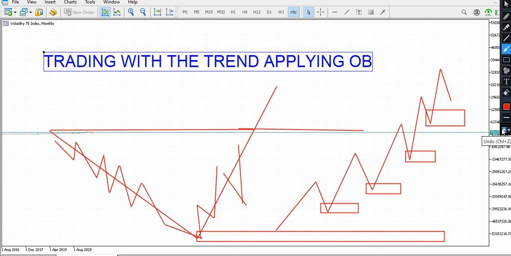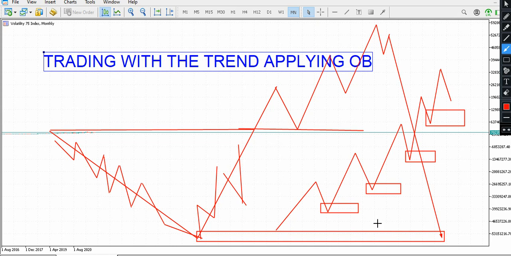But suddenly price doesn't do that. Price just comes here and then moves up again, retraces a little bit, and moves up again, retraces a little bit, then moves, and then fails to take this higher. Then suddenly price comes down to this institutional candle here. Now I want to talk to you about how to capitalize on these moves here, 1, 2, and then there's a major move here.